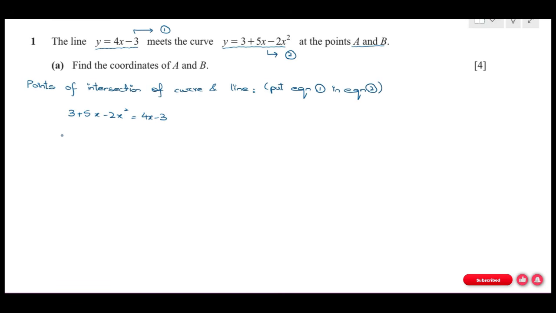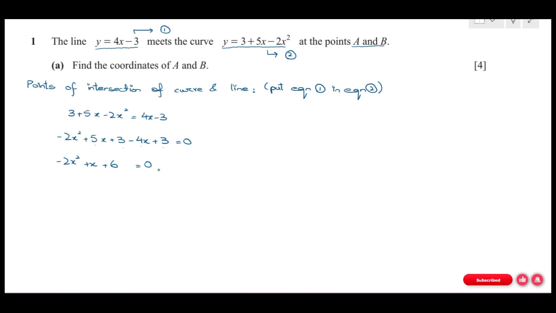So we can say minus 2x squared plus 5x plus 3. I arranged it and now shift all the terms to the left. 4x becomes minus 4x, minus 3 becomes plus 3, equals 0. So it is negative 2x squared, and 5x minus 4x would be plus x, plus 3 plus 3 is equal to 6. Okay, so this is my quadratic equation.